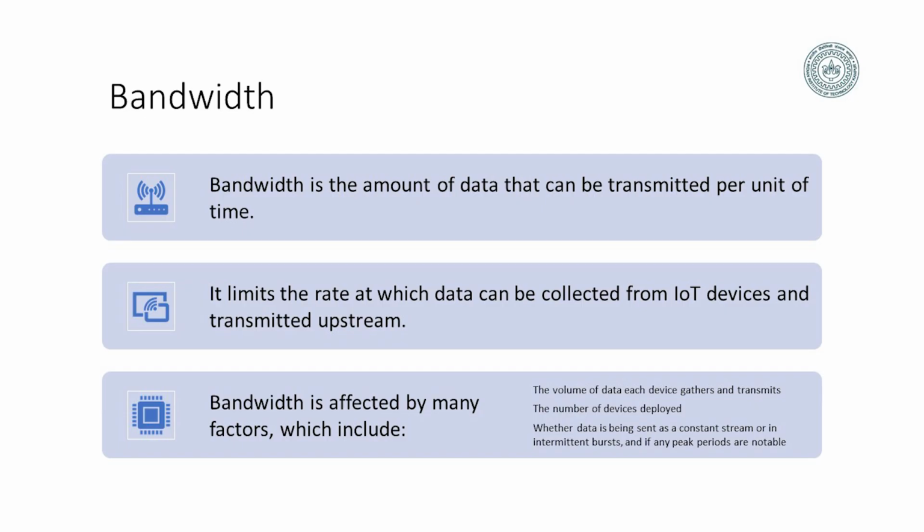Maybe the factory runs 9 to 5, that may be a peak period. Okay. So, you need to consider all of these to decide how much bandwidth you need, okay, how fast you want to transmit. So, if you have millions of sensors and you are choosing a 10 Mbps network, maybe it is not suitable. Okay. So, you need to select your bandwidth depending on the volume of data, the number of devices, and whether the data is being sent constantly or intermittently.